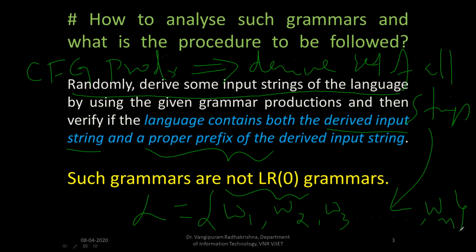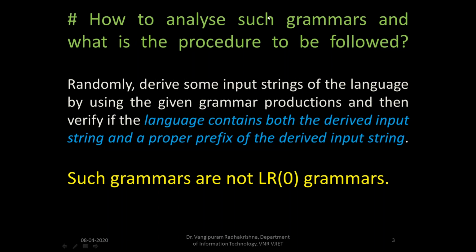From these derived strings, say W3, if you are able to identify that W1 or W2 or both W1 and W2 are proper prefixes, then you can say that this language or grammar is no more LR(0) grammar.